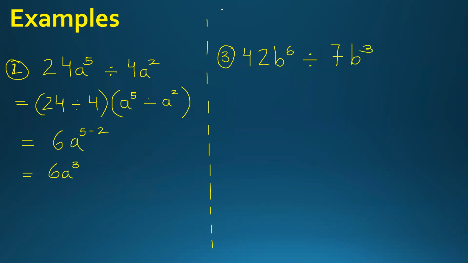Tristan, what's the first thing we're gonna do? We do 42 divided by 7. Very good. So we're gonna group 42 and 7.